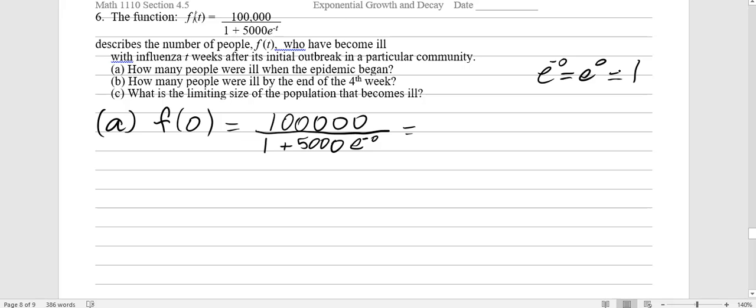Negative 1 times 0 is still 0, and any non-zero number to the 0 power is 1. So e to the 0 is 1. So this is 100,000 divided by 1 plus 5,000, which is 5,001.